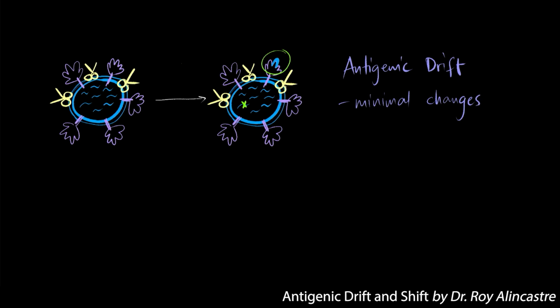But although these changes are minor, they can mount up over time and produce a slightly different phase of the same surface protein. So this allows the virus to escape recognition by the immune system and possibly result in illness in the host despite immunization, right?